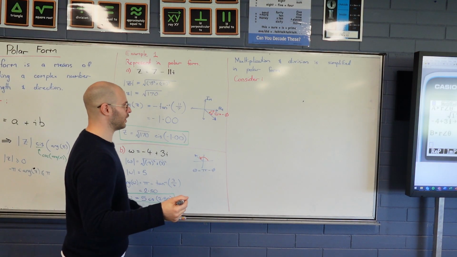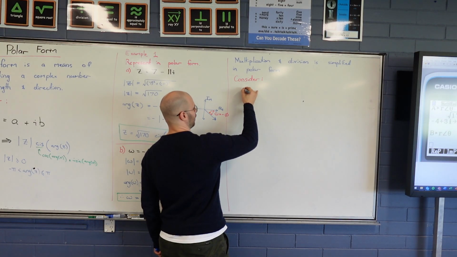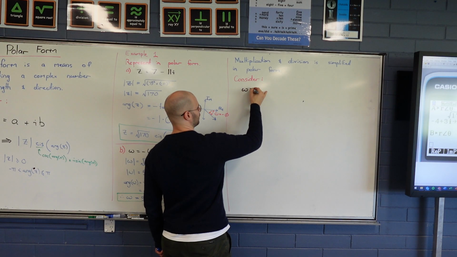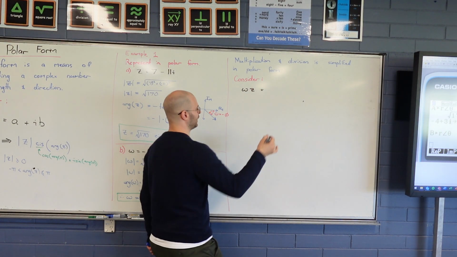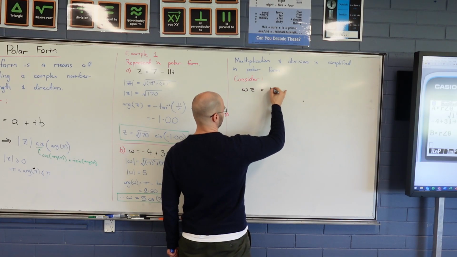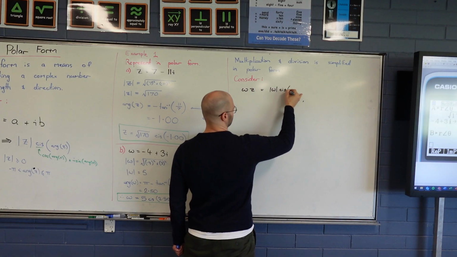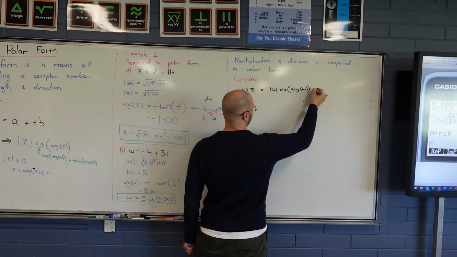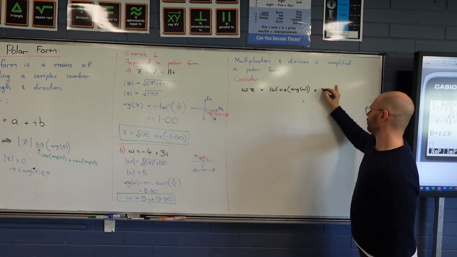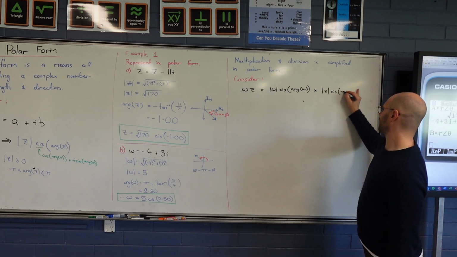The way in which this works is we're going to say that we have omega z. If we want to evaluate this, it might be turned into modulus of omega cis argument of omega, times modulus of z cis argument of z.